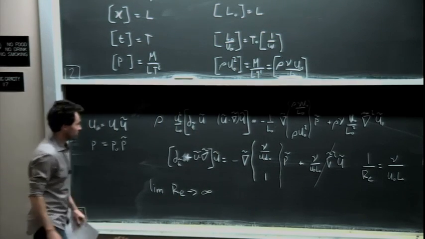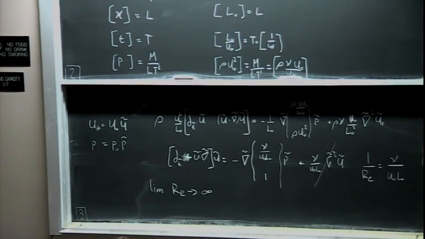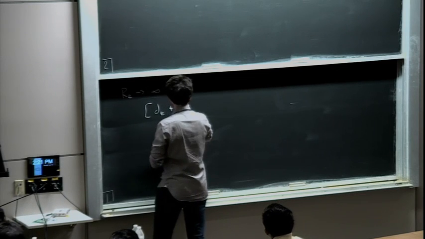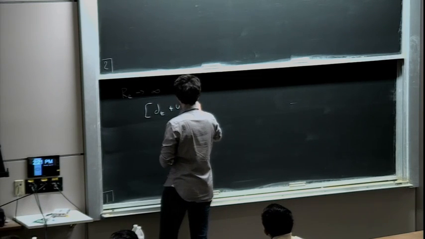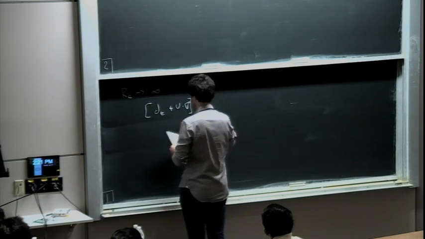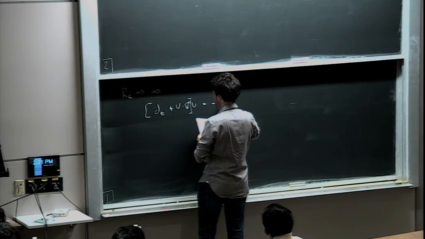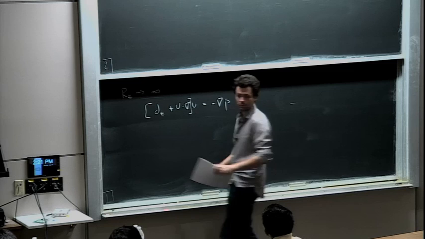The equation that we're left with for the Reynolds number going to infinity is dt plus u dot grad u is equal to minus the gradient of the pressure.